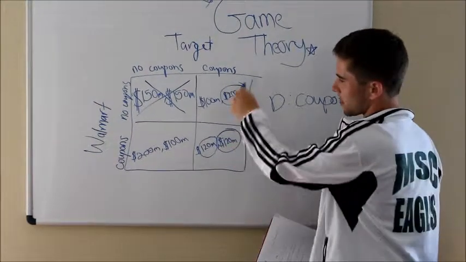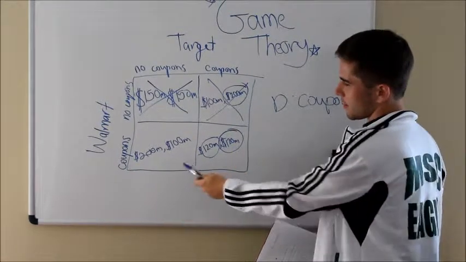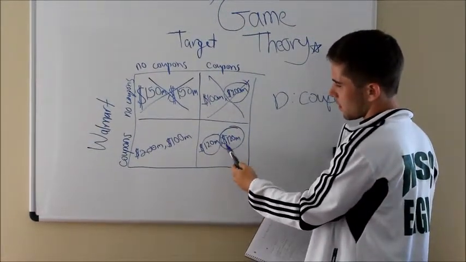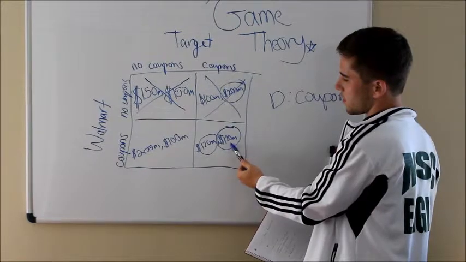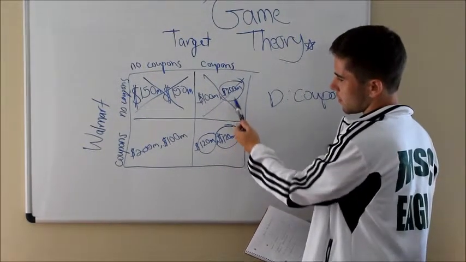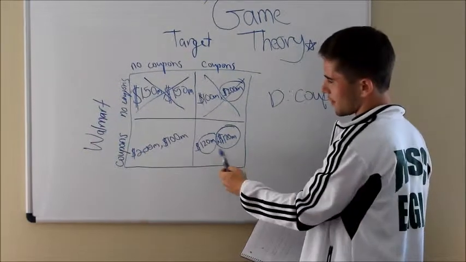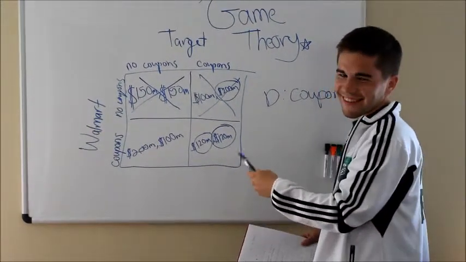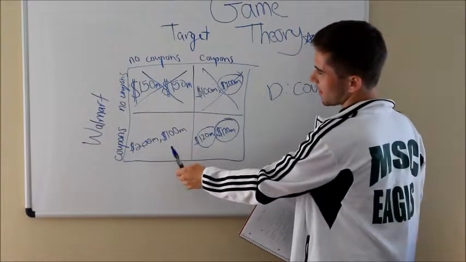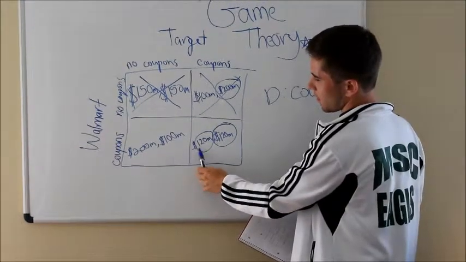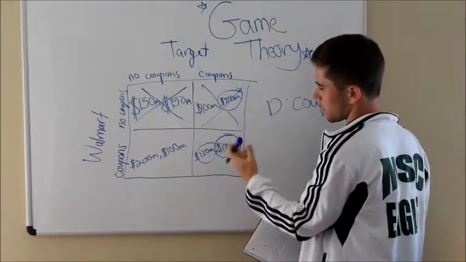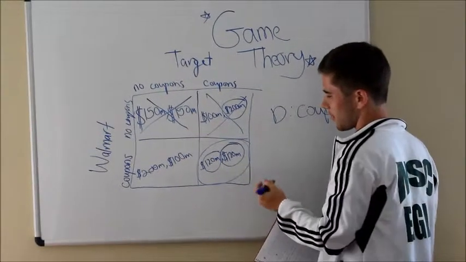So then you go to this box, and that box isn't in it anymore. Then you start at Target, so 120, 200, 120, 100, and it won't want to move out of this box. Now we look at Walmart and we go 120, 100, so it won't want to move. So this is the Nash equilibrium.